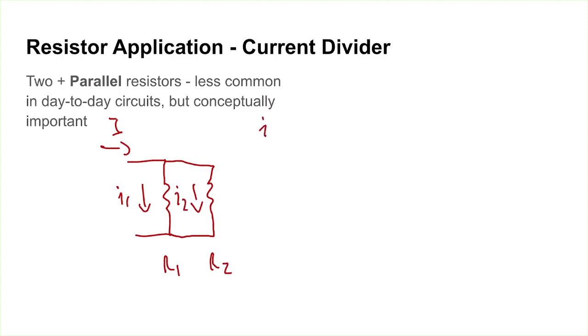So we know I1 plus I2 is equal to I, but if we want the ratio of them, we can derive R1 and R2. And if you want a challenge, you can derive that yourself, or find a resource that explains them more in depth. It's just not something we use very often compared to the voltage divider.